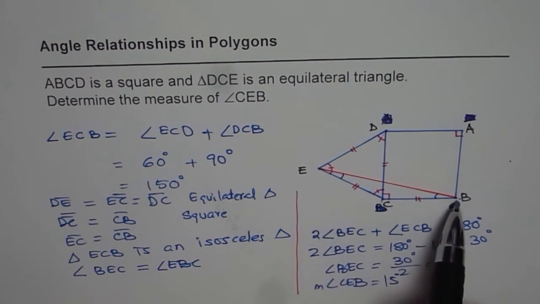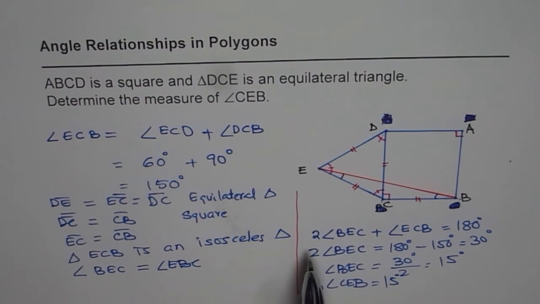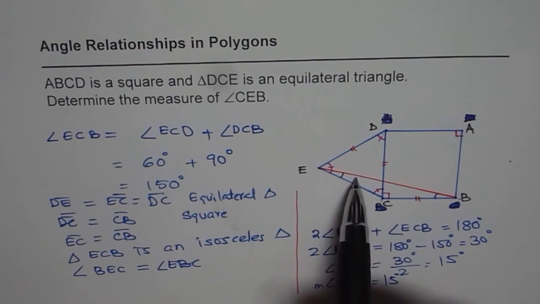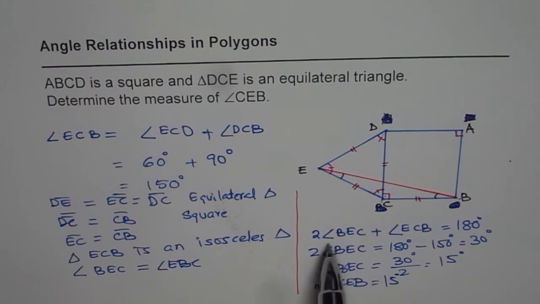So we have an isosceles triangle ECB before us. We found the angle C by combining 90 and 60 degrees, 90 for the square and 60 degrees for the equilateral triangle. Now the other two angles should be equal, right? So 2 times any one of them plus this angle is 180 degrees, and that helped us to find the angle, correct? So that is how you can solve this question.